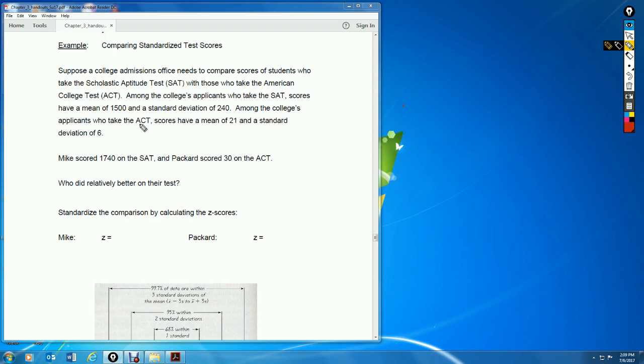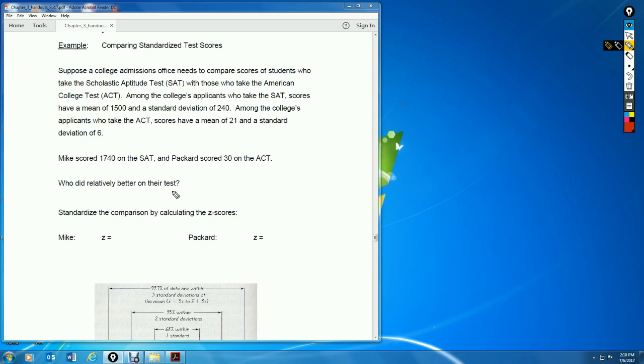For those who took the ACT, the scores have a mean of 21 and a standard deviation of 6. Okay. So some guy Mike applies, he got a 1740 on the SAT. Another guy Packard applies, he got a 30 on the ACT. So 2 totally different distributions. So how do we evaluate who did better on their test?